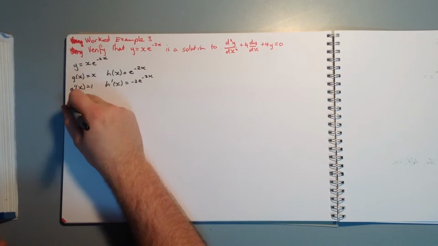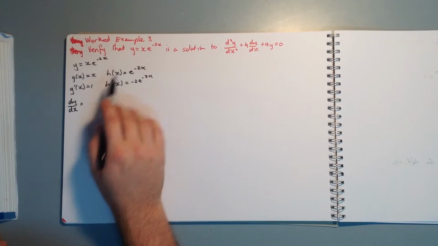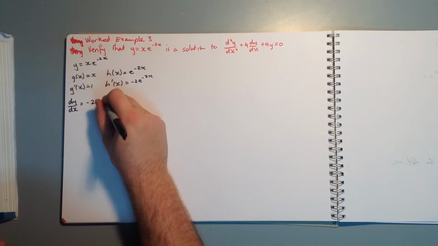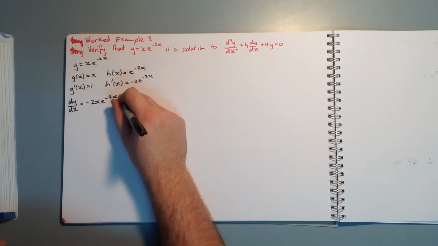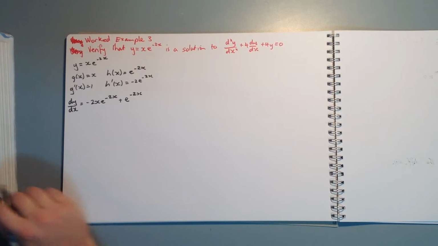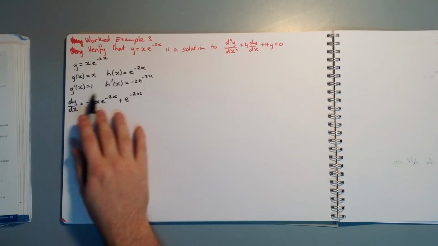So dy dx is equal to this times that, plus that times that. So we've got negative 2x e to the negative 2x plus e to the negative 2x. That's our first derivative.